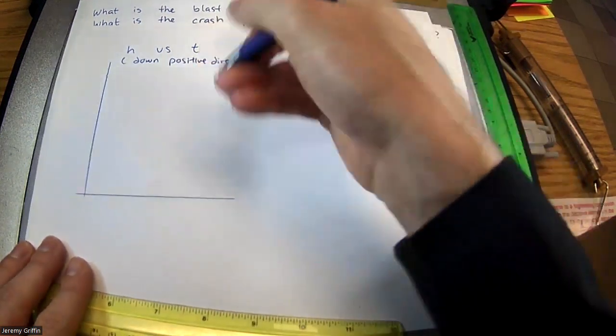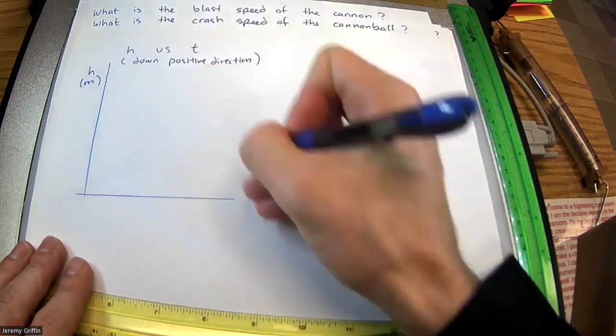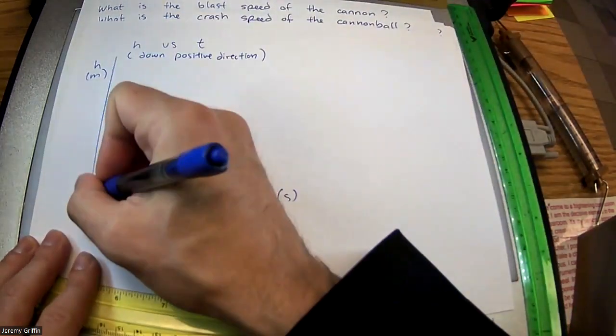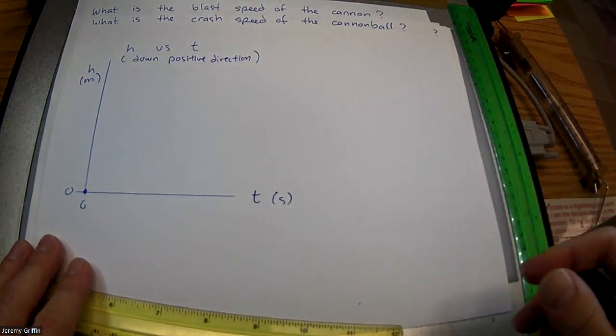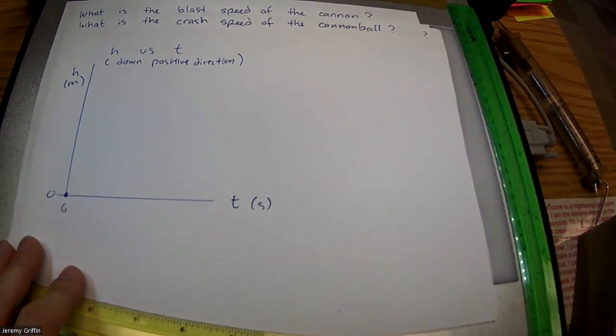Okay. And we'll define the top of the cliff as 0.0. So if I do height in meters versus time in seconds, right? At time 0, it's at the top of the cliff, which is position 0. And if down is positive, it only continues to move downward, right? So what does that graph look like?